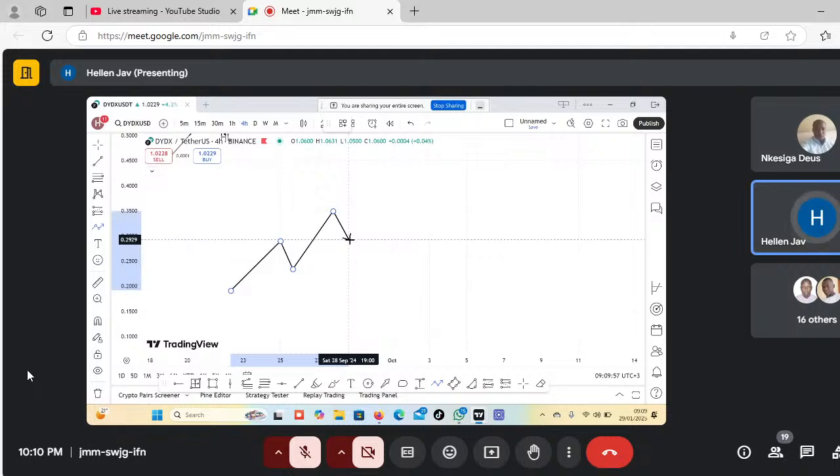Then it is followed by a pullback, or a retracement, and then by another impulsive move. Then another pullback, and another impulsive move. For you to know how you can get entries, or how you can trade a market structure, you have to be able to differentiate between that. You have to be able to tell that this is an impulsive move and this is a pullback.